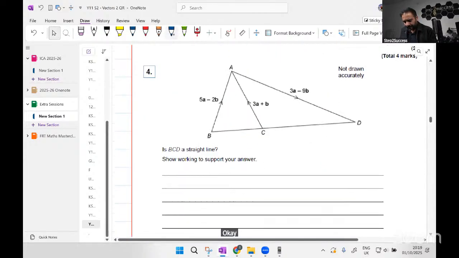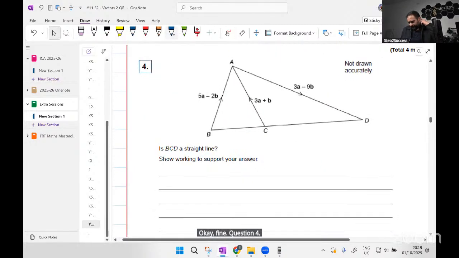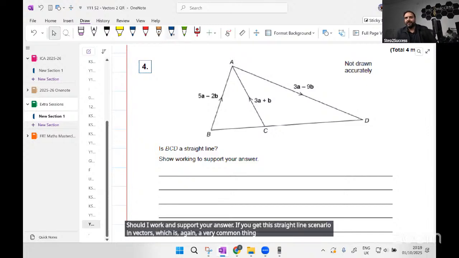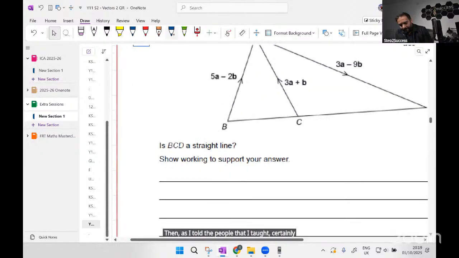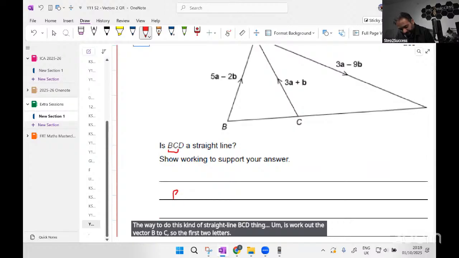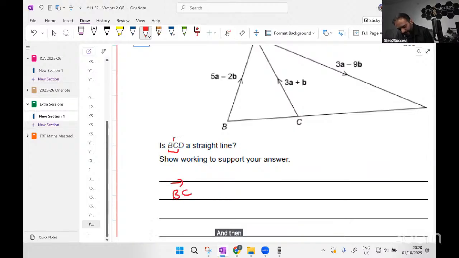Okay, fine. Question 4. Is BCD a straight line? Show work and support your answer. If you get this straight line scenario in vectors, which is again a very common thing in vectors, then, as I told the people that I taught, the way to do this kind of straight line BCD thing is work out the vector B to C, so the first two letters, and then work out the vector C to D, so the second two letters.